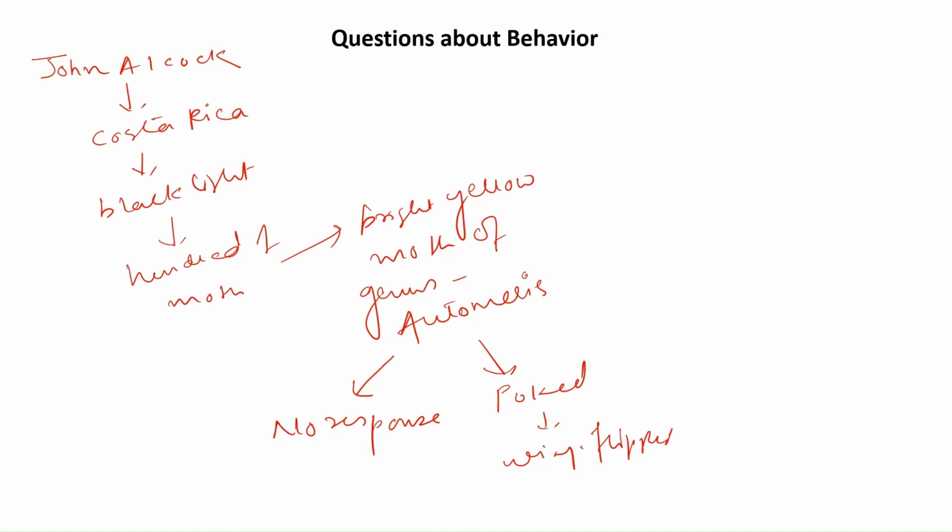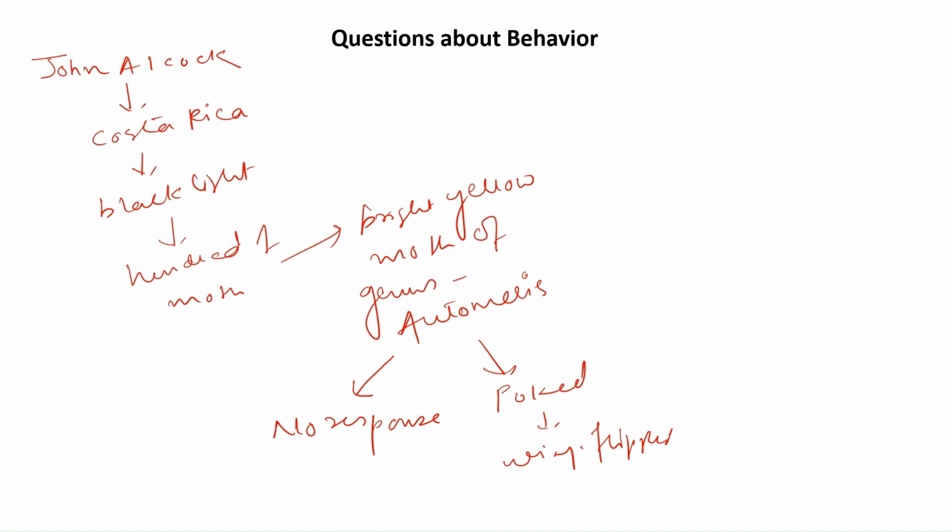Because of the ultraviolet light, he observed hundreds of moths every night. But one morning he found a bright yellow moth of genus Automeris. When he touched that moth very calmly, the moth gave no response. But when he poked it, the moth flipped its wing.